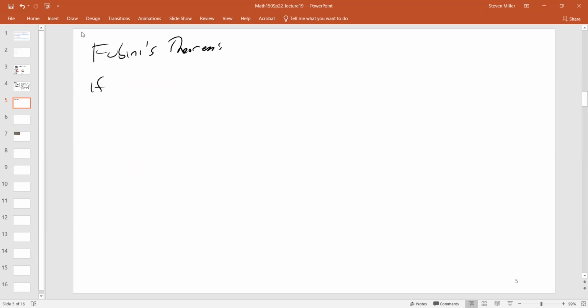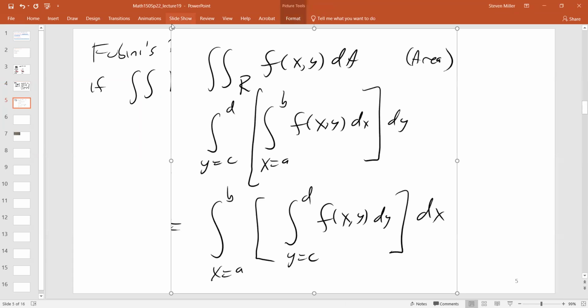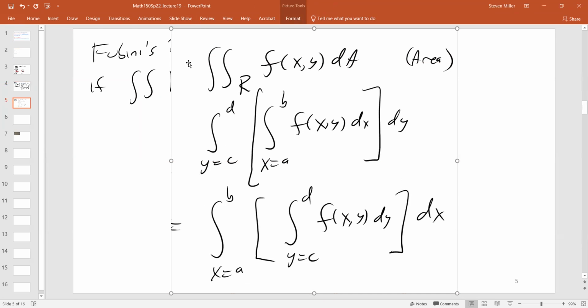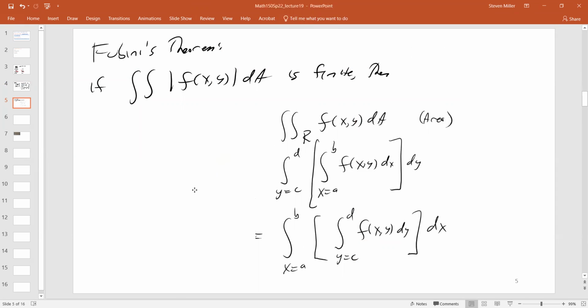It says the following: if the integral of the absolute value of f of x, y, dA is finite, then in that case, this is true.